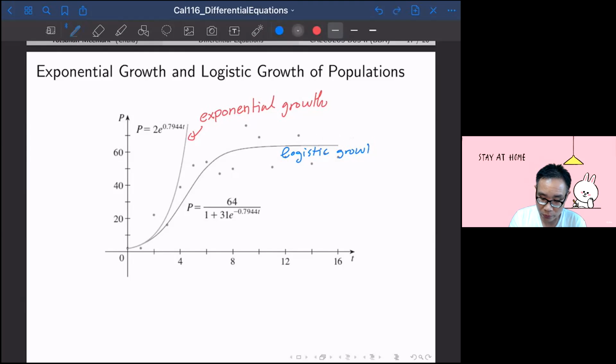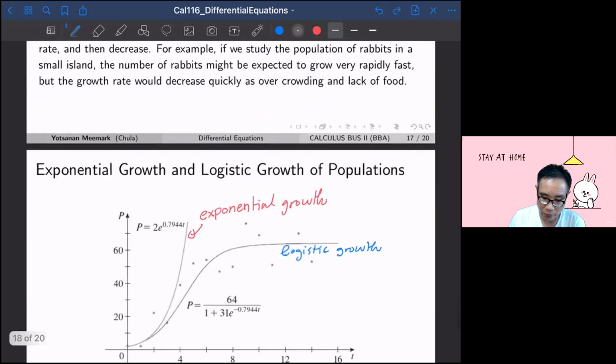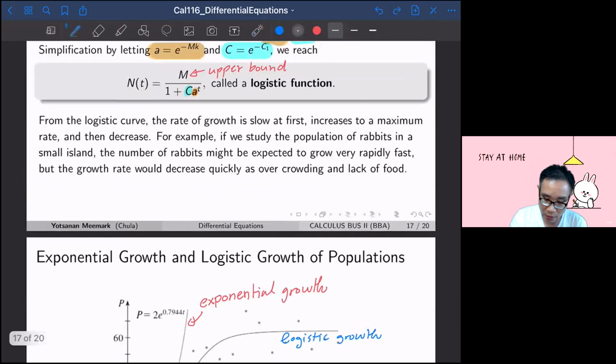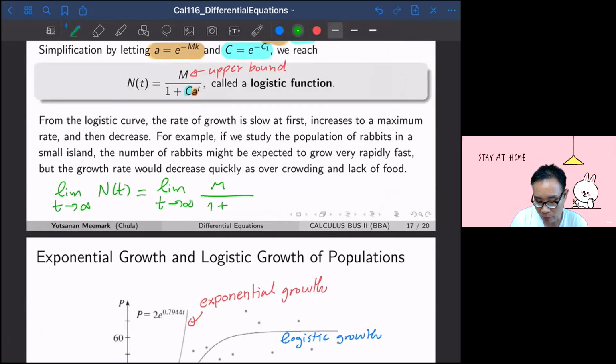So from this function, if you find the limit as t goes to infinity of N(t), it's going to be the limit as t goes to infinity of M over 1 plus C A to the t, and you see that your A is e to the negative constant like this.